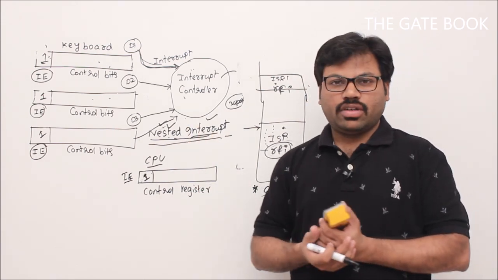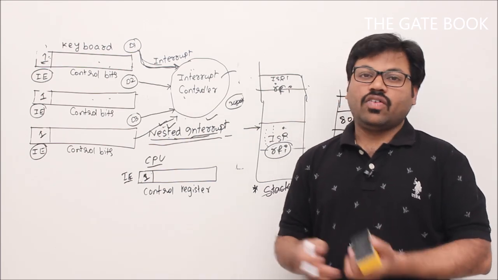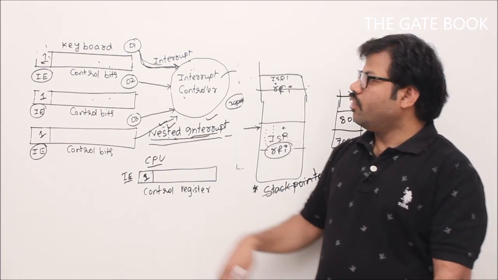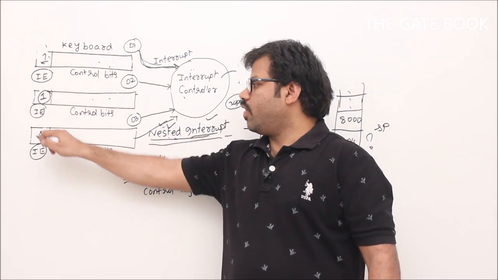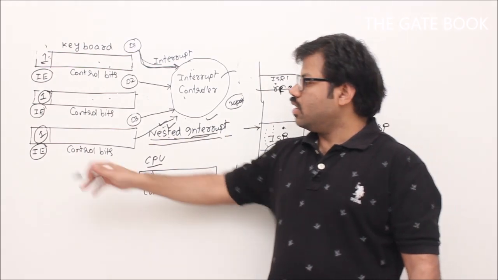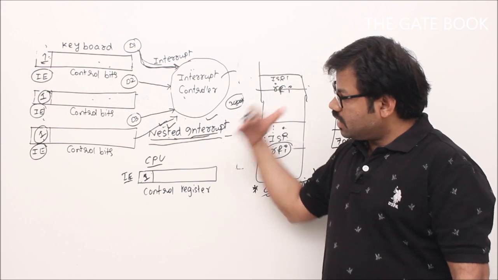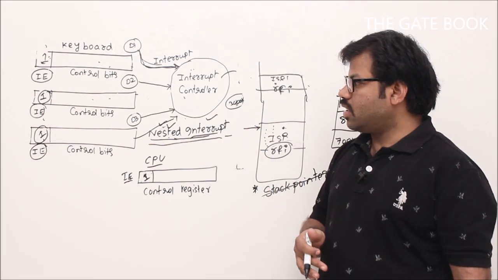Finally you understood about nested interrupts; a single interrupt mechanism is easy, correct? Now for nested interrupts, what we have to do is make the IE bits 1 first, right? The program which wants nested interrupts should make the IE bits 1. Sir, but in nested interrupts I also want a restriction. What is that?